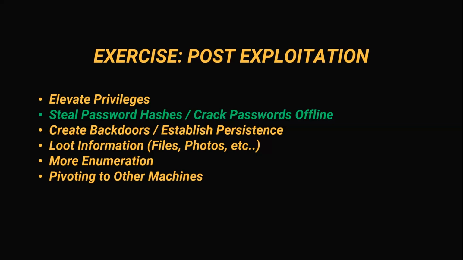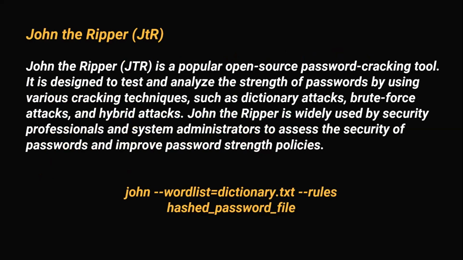And then we're going to use a tool called John the Ripper. John the Ripper is an open source password cracking tool, and you can use it to test and analyze the strength of your password. So again, going back to the example I use with my neighbors, I tell them to give me their password, whatever it may be, we go through the whole process of creating a password, and then I show them how weak the password is.